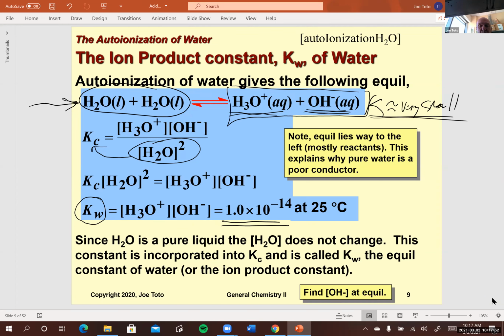All right, so one of the things that you can do right now that we know what the equilibrium constant is for the autoionization of water, you should be able to find out using your equilibrium techniques what the concentrations are of hydronium and hydroxide.